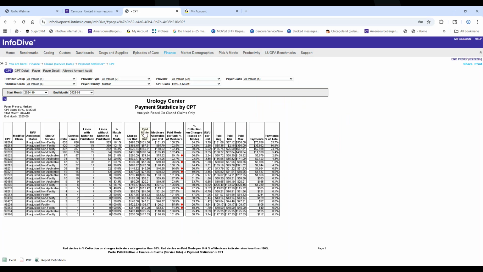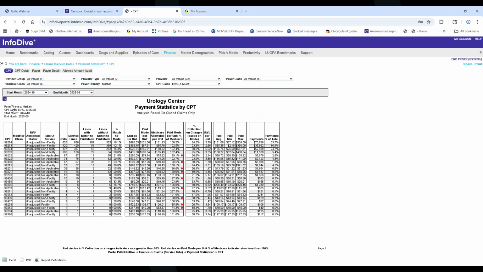And that is more than the Medicare allowable. But the problem is that of the 626 times they billed that code to Meritan, they only got paid that amount 101 times. The rest of the time they got paid something different, a little more or a little less. The average was 121, the paid minimum was 27.